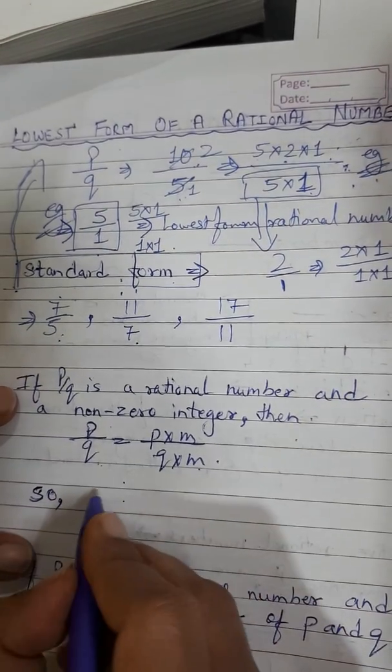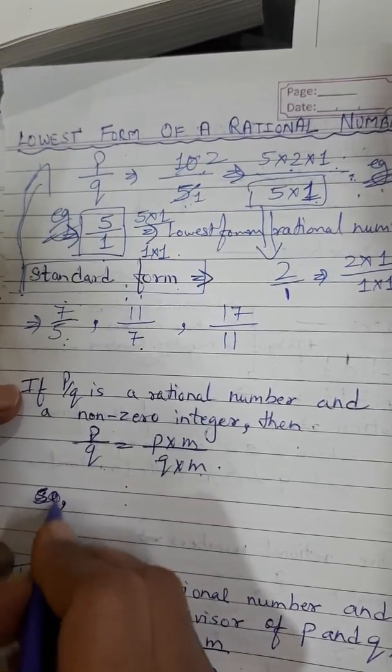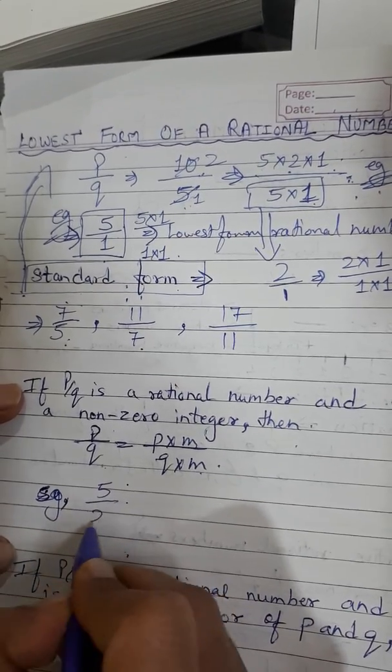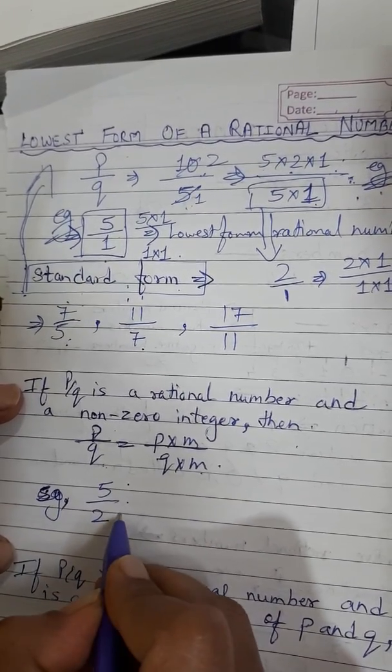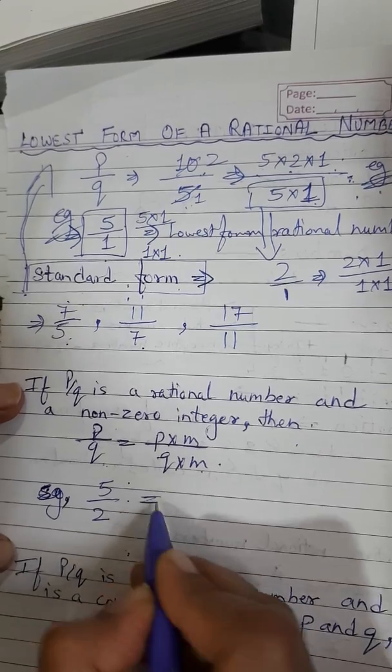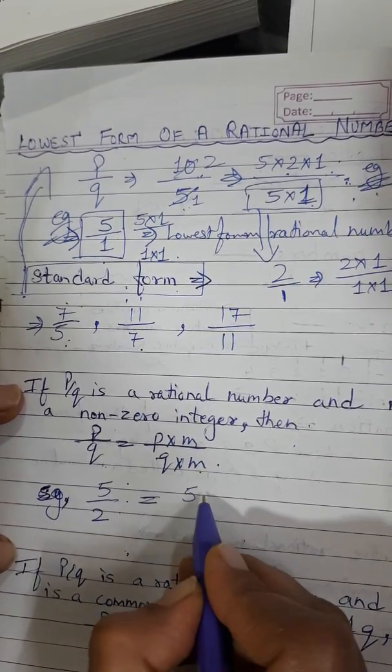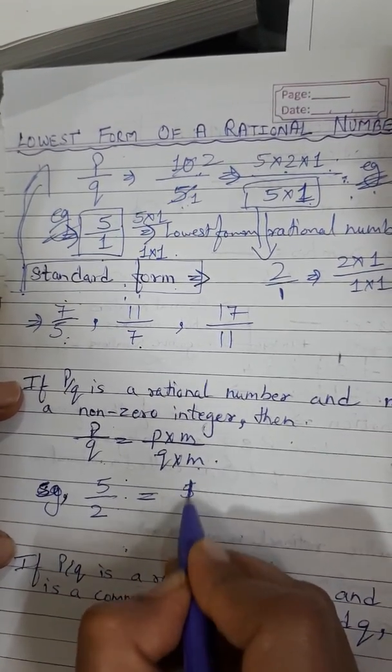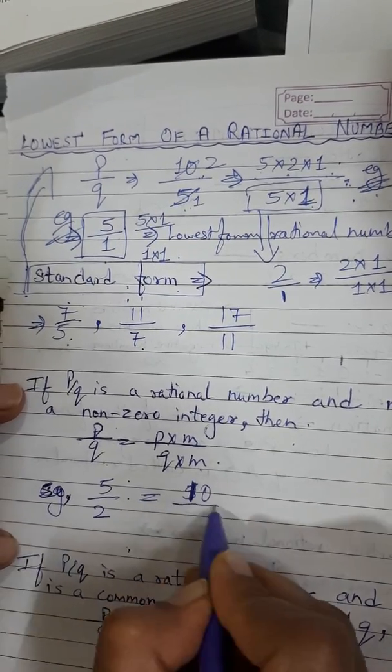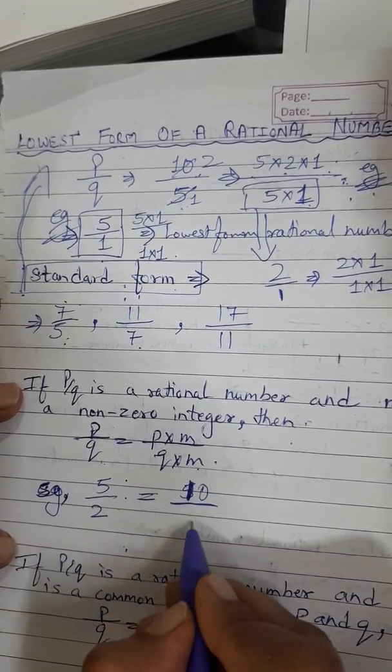For example, if we take 5 upon 2, it is equivalent to 10 upon 4.